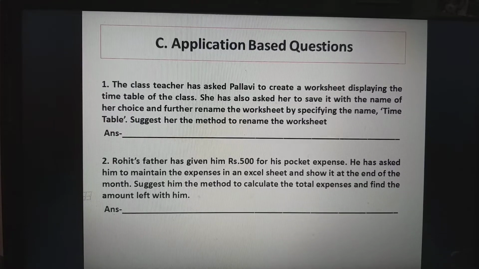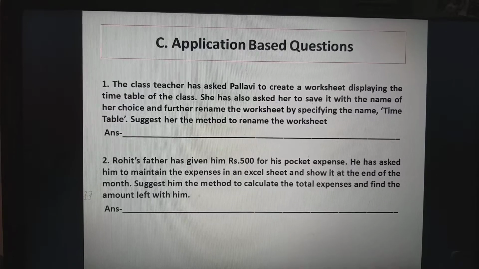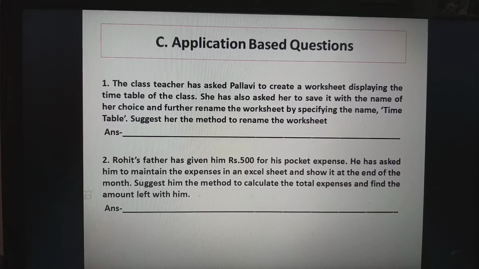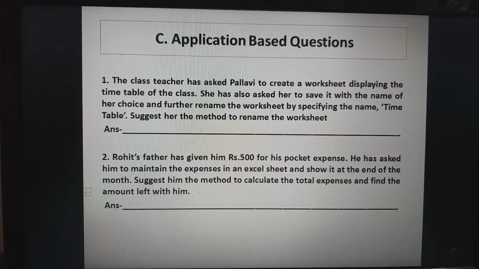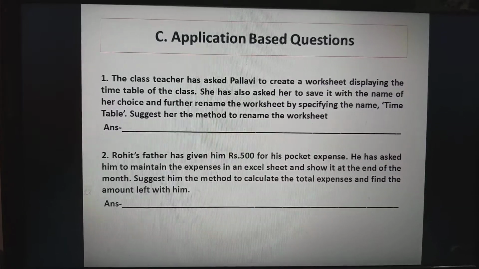So, the answer will be: Rohit can calculate the total expenses by using AutoSum under the Home tab. To find the amount left with him, he has to subtract total expenses from the amount given by his father. That is, left amount equals amount given by his father minus total expenses made by him.